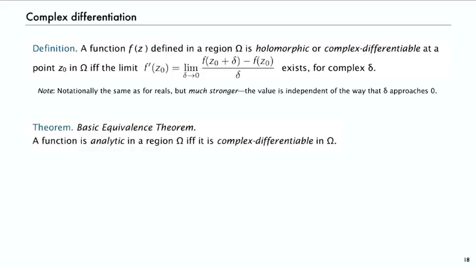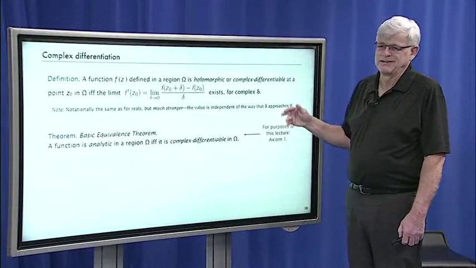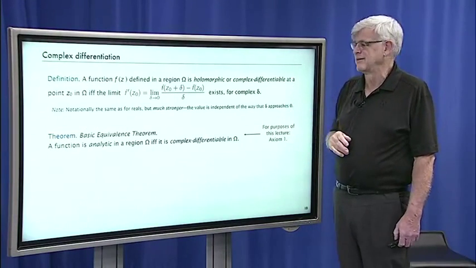Now there's a basic equivalence theorem that says that these concepts are the same. Analyticity and complex differentiability are the same concept. A function's analytic if and only if it's complex differentiable. We're not going to do a proof of that theorem. Really, for this lecture, we consider that to be an axiom. I'll talk about the proof in just a second.